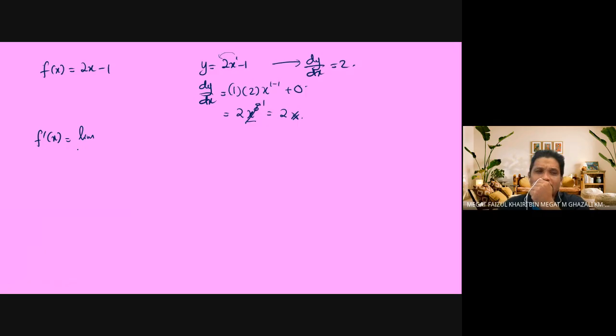I did not know what variable you use in secondary school. But in matriculation, we make it h approaching zero, f(x plus h) minus f(x), divided by h.